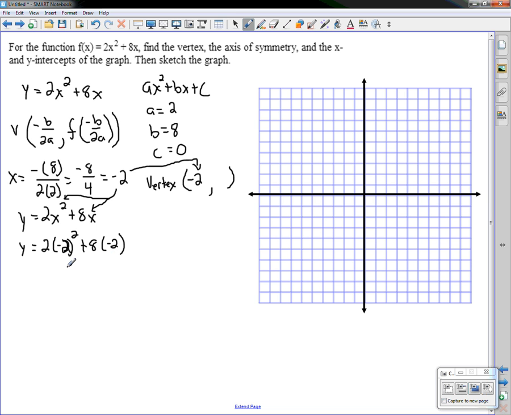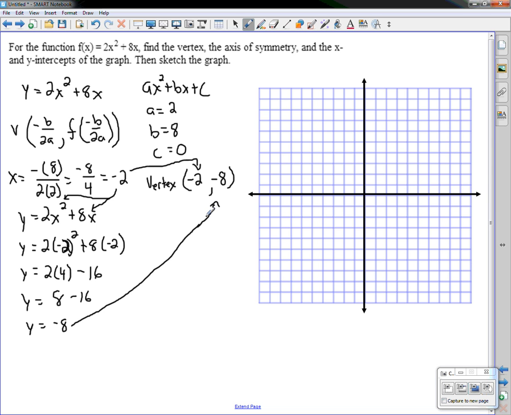And we just go through our order of operations. So we have 2 times positive 4, negative 2 squared is negative 2 times negative 2. 8 times negative 2 is minus 16. And we have y equals 8 minus 16, or y equals negative 8. So this is my y value. So there's the vertex.